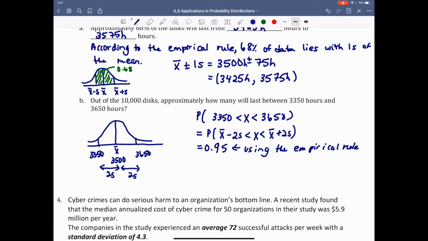That's using the empirical rule. But we were actually asked how many out of the 10,000 discs would be expected to be within that range. So we're looking for the expected value, which is equal to n times p. We have 10,000 discs, and we expect that 95% of them are within that range. So we get 9,500 discs.